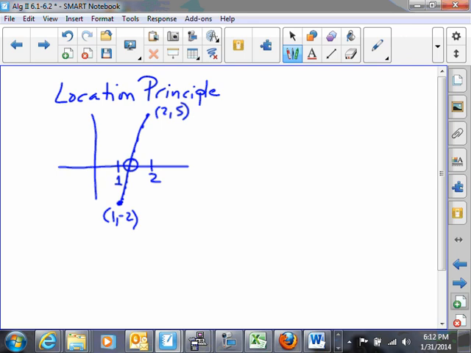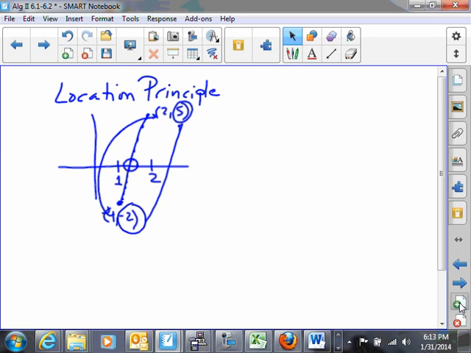So if you have a polynomial function where the outputs change sign, then you know that there has to be a 0 somewhere between those two x's. Since y at 1 is -2 and y at 2 is 5 in this case, there has to be a 0 of the polynomial function somewhere between 1 and 2. And that locates, to some extent, where the zeros are.